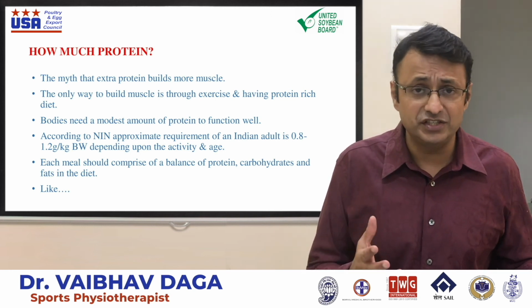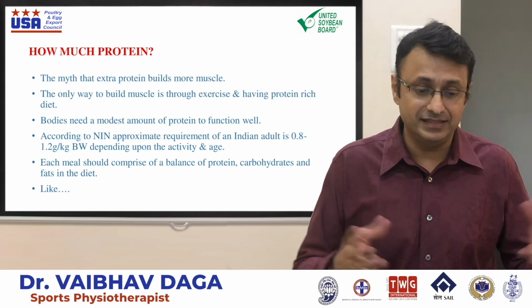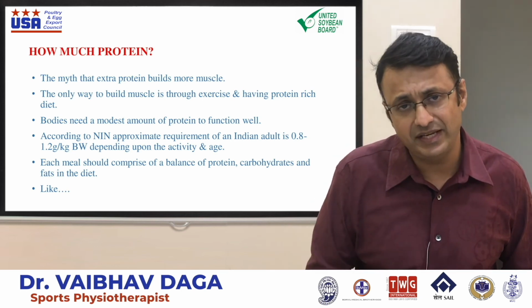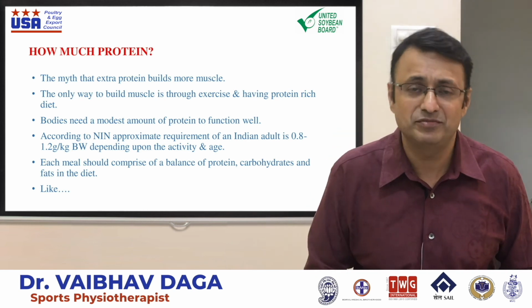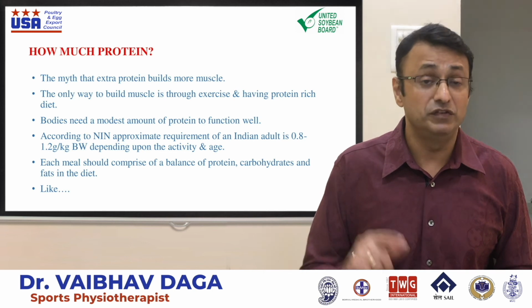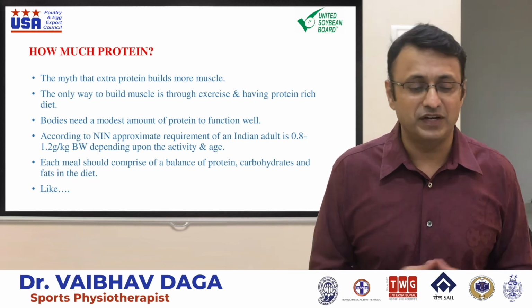According to the National Institute of Nutrition, the approximate requirement for an Indian adult is 0.8 to 1.2 grams per kg body weight. So, for example, let's consider 1 gram per kg body weight. If you weigh around 70 kgs, you require 70 grams of protein every day. And that's the requirement which will help you gain muscle and carry out a lot of functions.